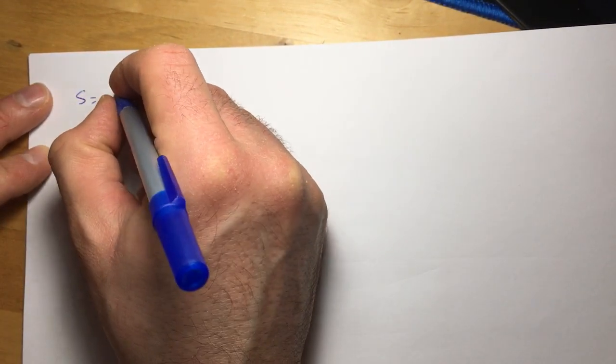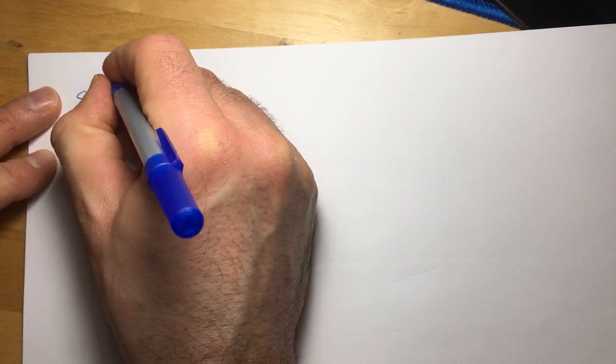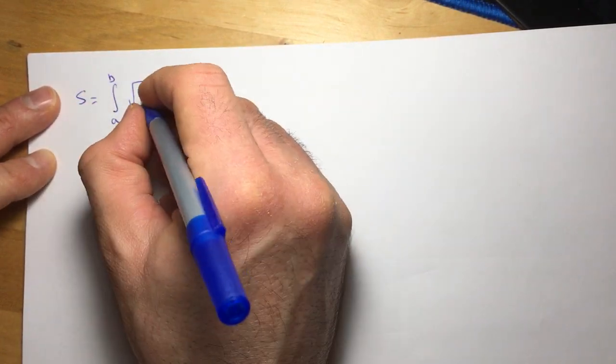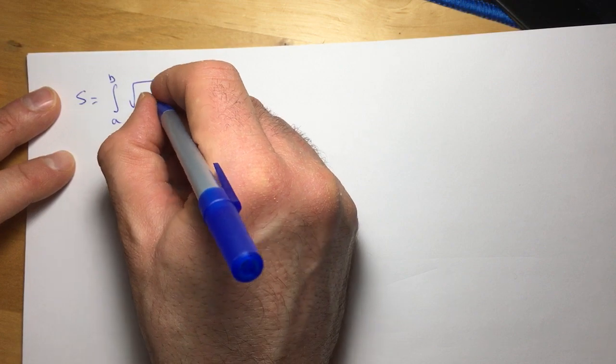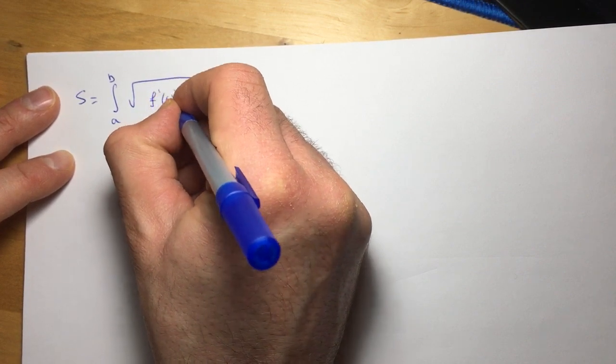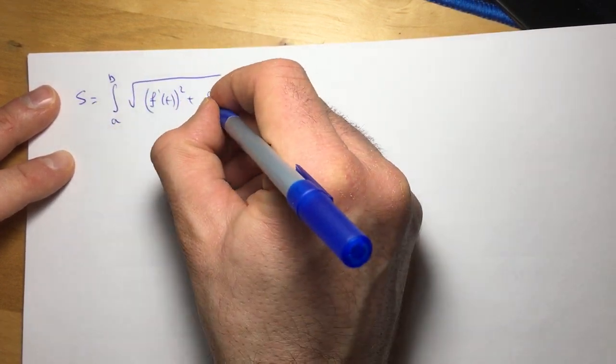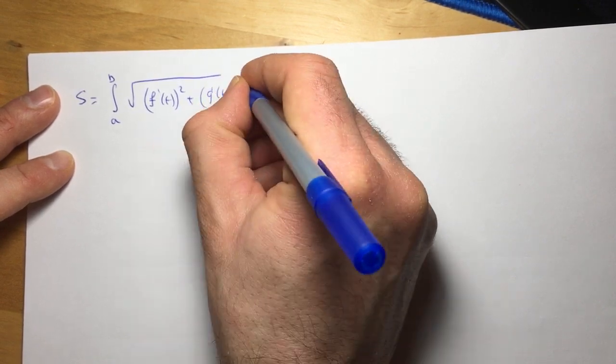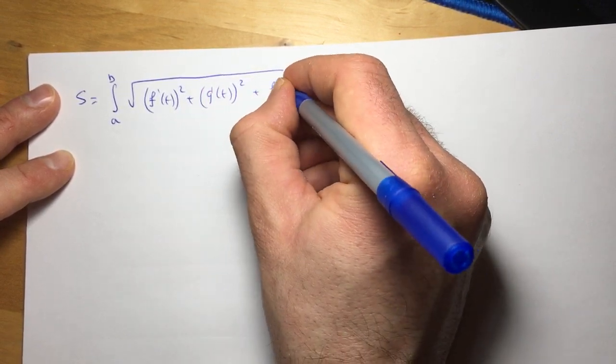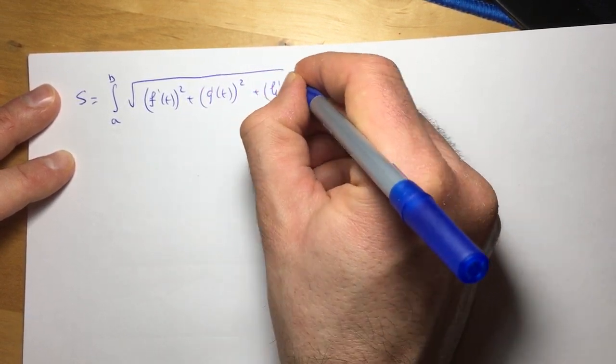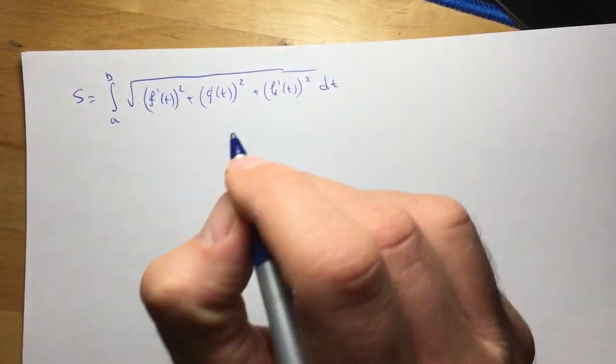Now we go back to the arc length definition. So the arc length is the integral from A to B, square root of f prime of t squared plus g prime of t squared plus h prime of t squared dt.